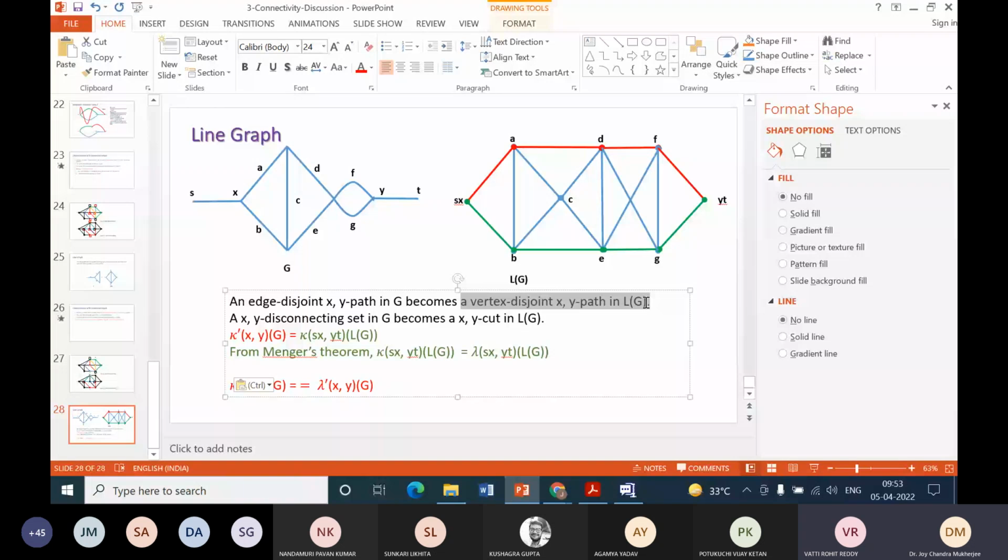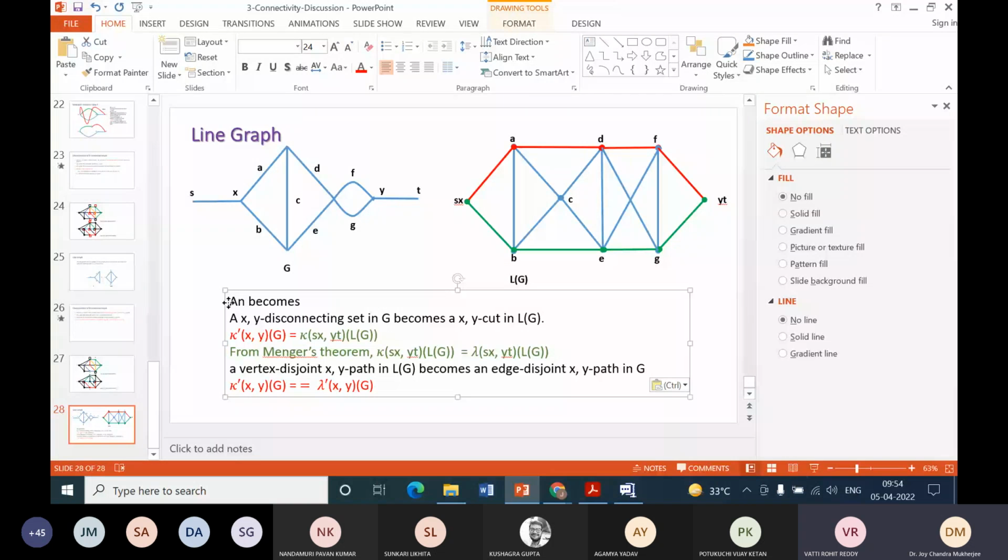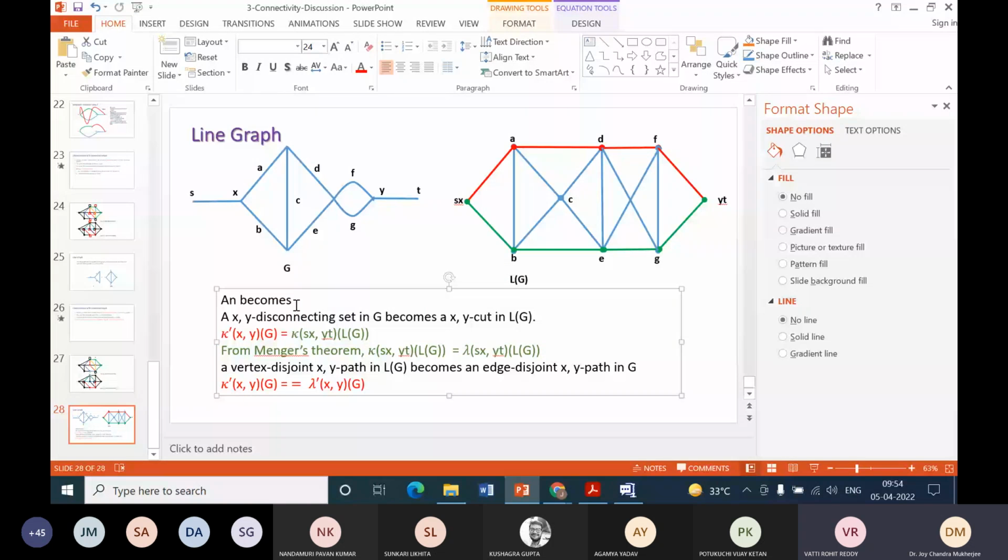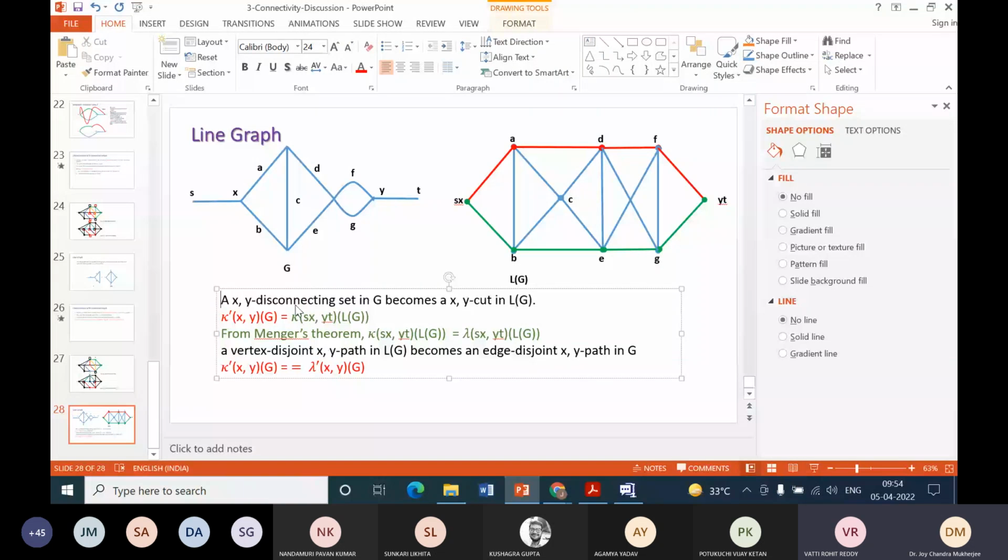A vertex disjoint xy path in LG becomes an edge disjoint xy path in G. So from here we can write that chi prime equals chi equals lambda.